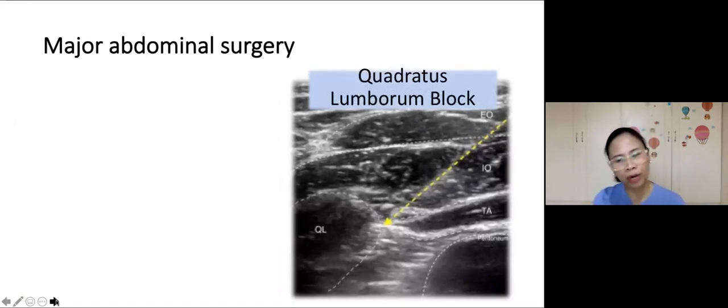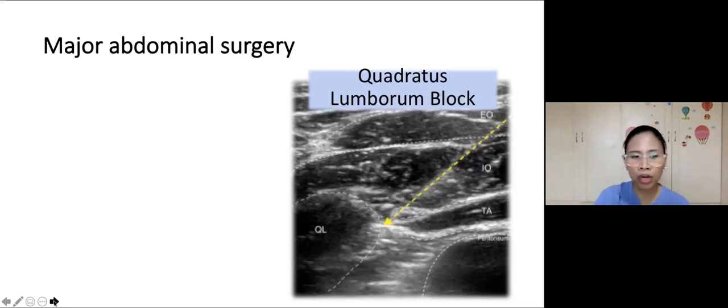I think it's quite more difficult than the erector spinae block, but some regionalists would perform this. It's depositing your local anesthetic anterior, lateral, or posterior to the quadratus lumborum muscle, again targeting the somatic and visceral afferents of the abdomen.